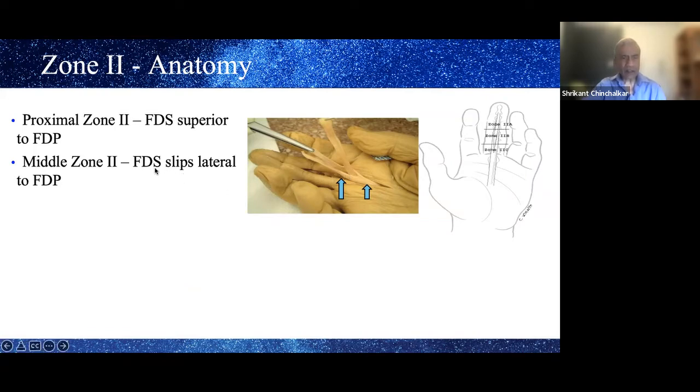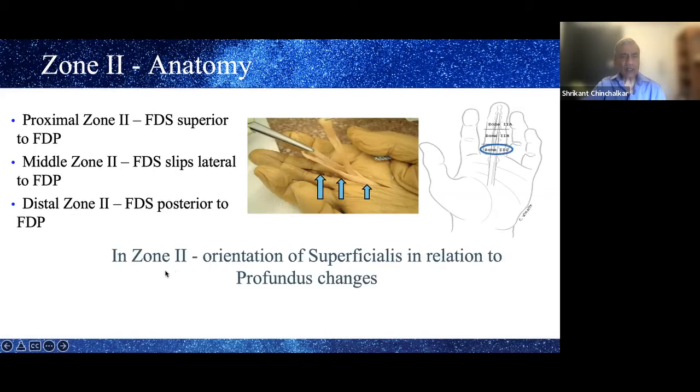Here, superficialis is lateral to profundus, which is right in the center. And distally, superficialis then becomes posterior to profundus. In other words, in zone 2, the orientation of superficialis in relation to profundus definitely changes. So we divided experimentally in our lab the location where the superficialis is different in relation to profundus.